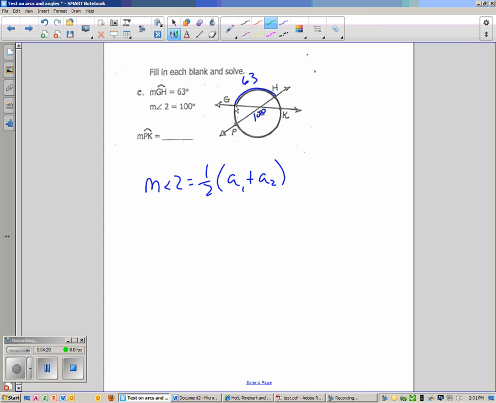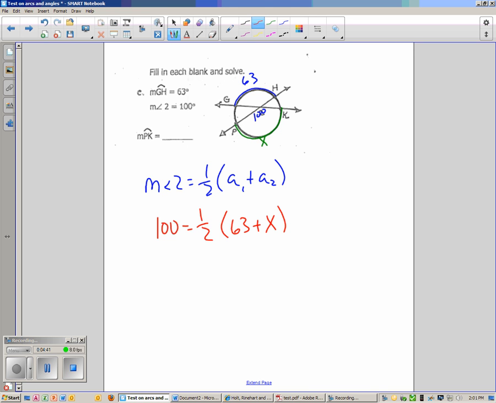It wants us to figure out what PK is, which is the distance from here to here, so that is my X. So all I need to do is fill in the information that I'm given. So it tells me that the measure of angle 2 is 100, which is equal to 1/2 arc 1, which is 63, plus the arc that I'm looking for.